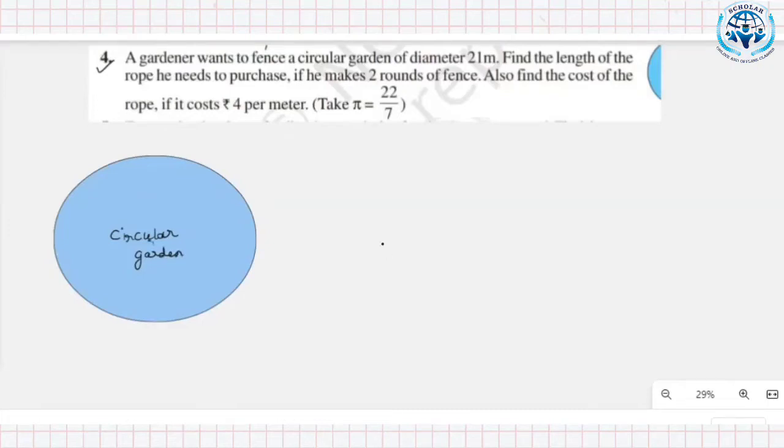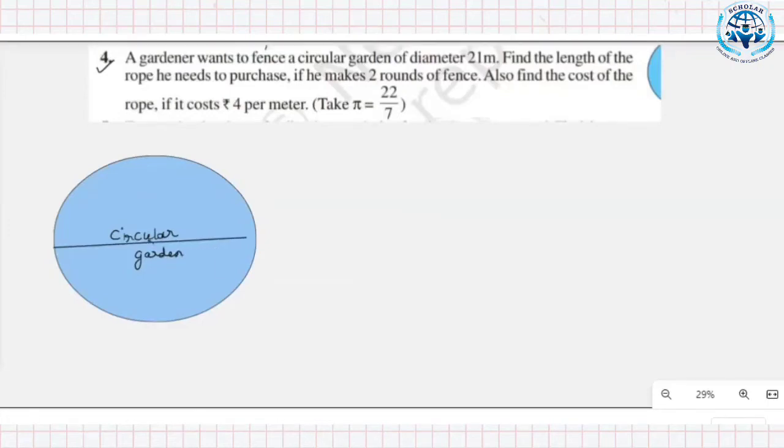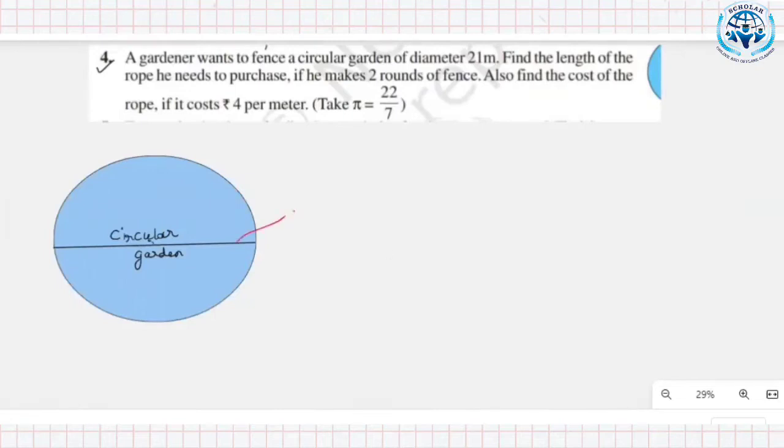2 rounds, that means around the shape. You will find the circumference of the circular garden. And to find the cost of the rope, you will multiply the circumference with the given cost to find the total cost.